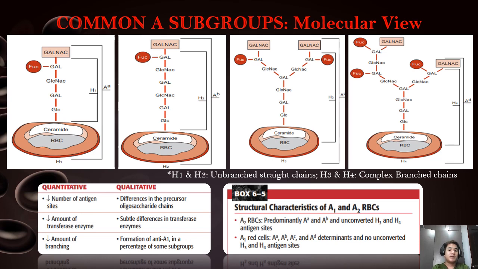The lower right box shows the summary of the structural characteristics of your A1 and A2 subgroups.